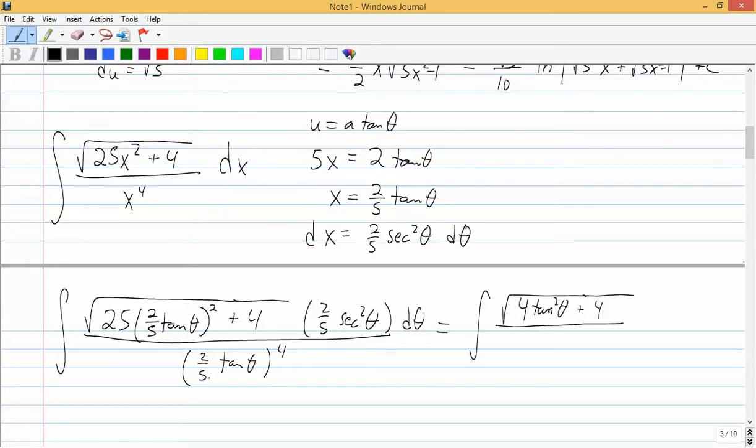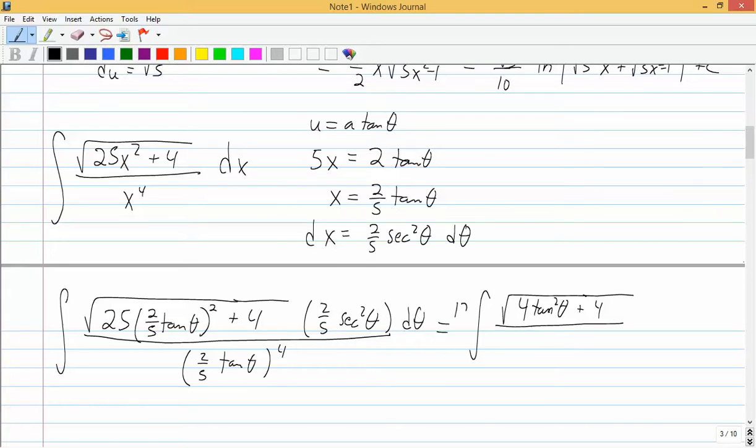Now, does everybody see that I have 4 of those in the denominator and I have 1 of those in the numerator? That way I could cancel one of those out, and instead of bringing out a 625 over 16, I can bring out a 125 over 8, because the 2/5 on the top is going to cancel just one of those out.